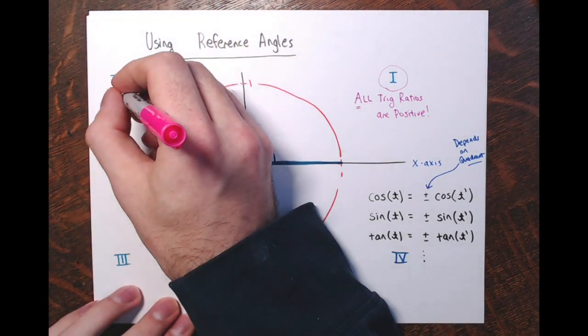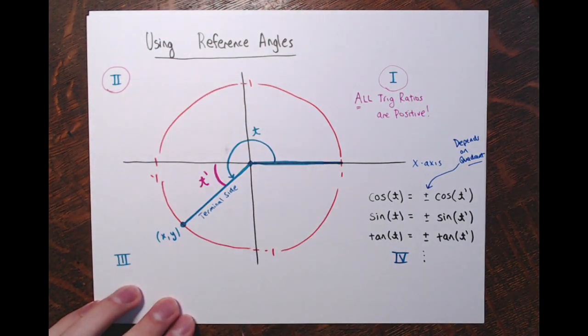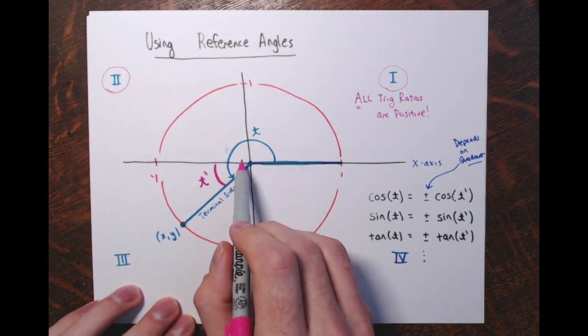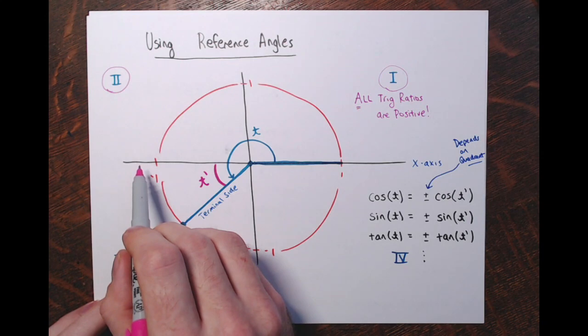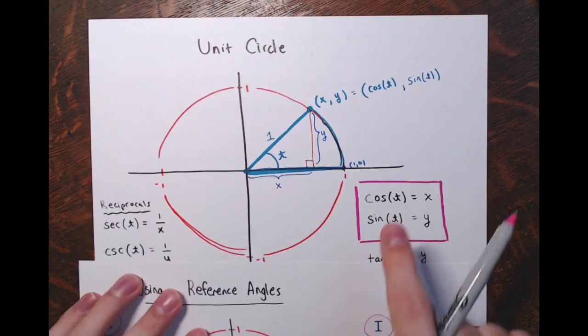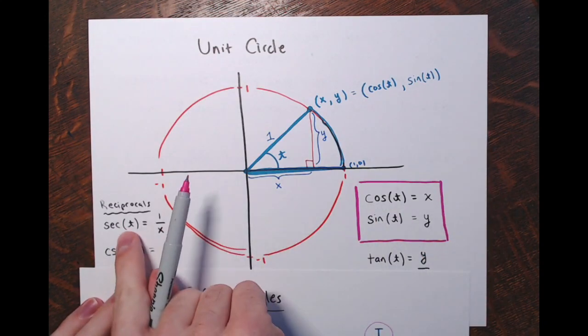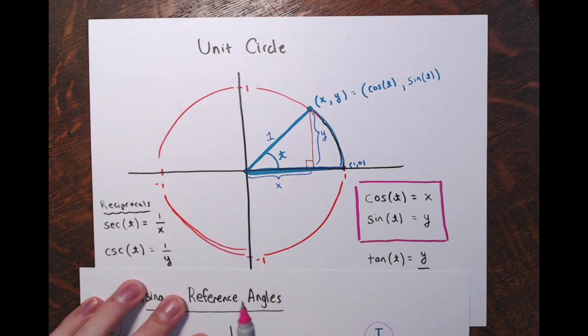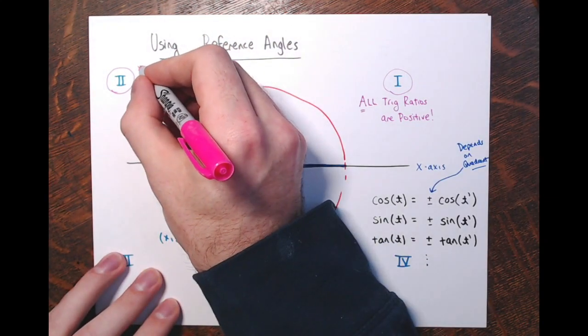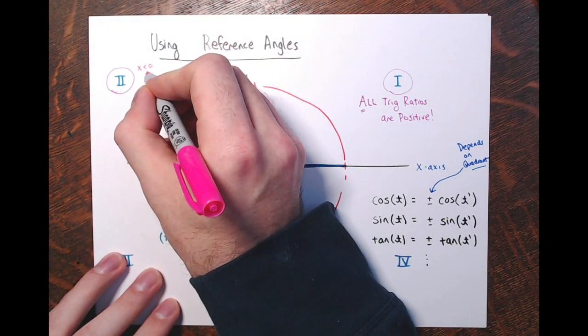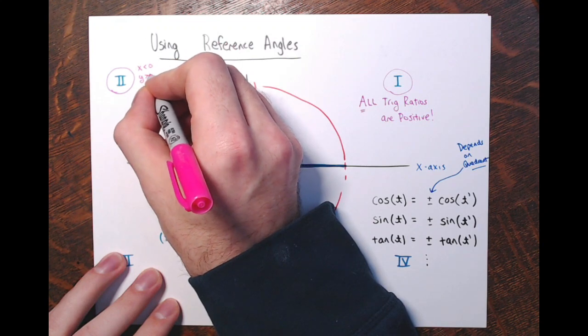If the angle ends in quadrant 2, see, in quadrant 2 the x coordinates are negative, so cosine will be negative, and if cosine is negative, so will secant, because secant is just the reciprocal of cosine. But you see, I have again negative x coordinates, positive y coordinates.